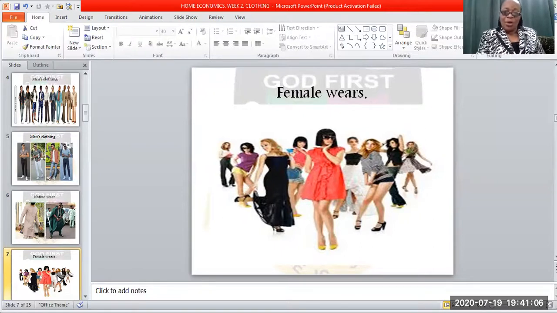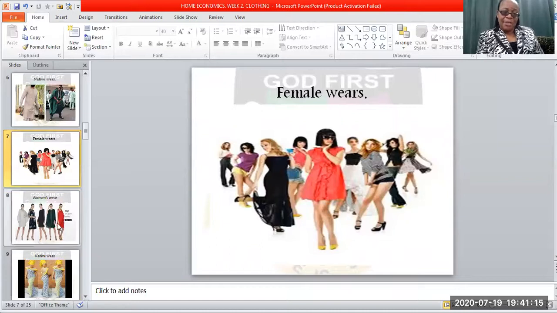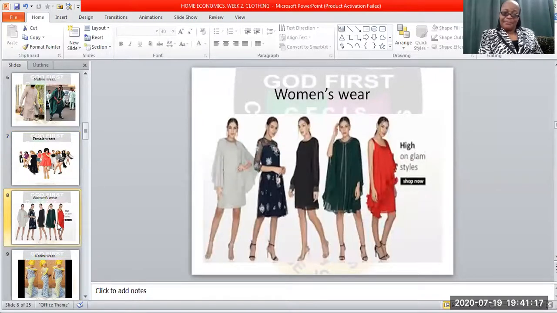So women also wear beautiful clothes. These are casuals. These are English wear, according to the clothing language. Women particularly love wearing beautiful and attractive clothes.